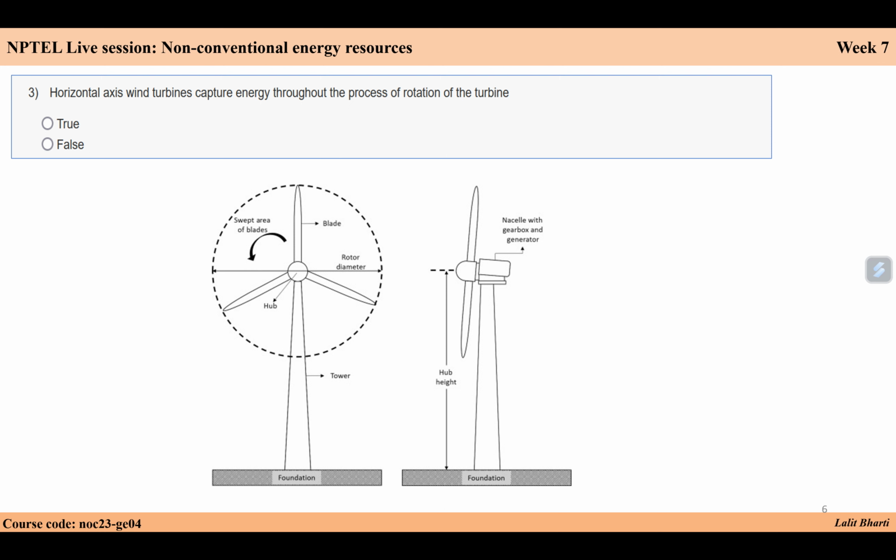For the next question: horizontal axis wind turbines capture energy throughout the process of rotation of the turbine. So this is a horizontal type wind turbine, and by the rotation of these blades, we will be able to harness the energy.